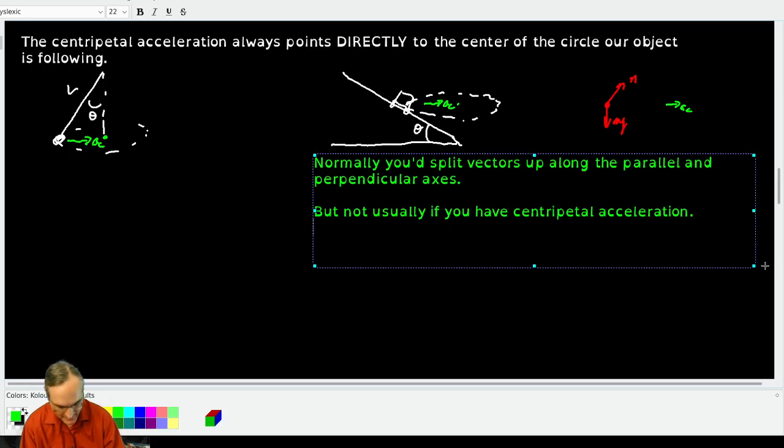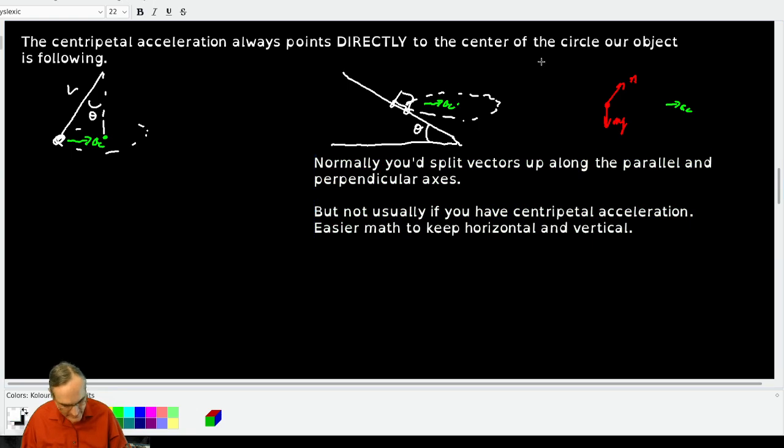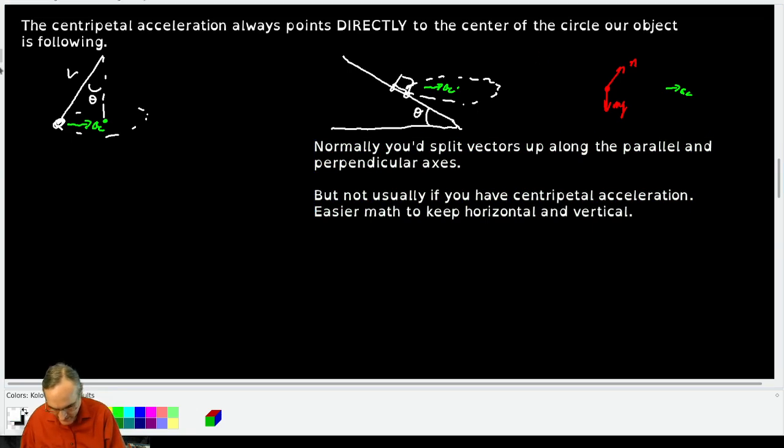In that case, it's easier to do the math if you keep horizontal and vertical. So in this case, I would actually suggest that if you're trying to do a problem like this, you split up along x and y, where x is your centripetal direction.